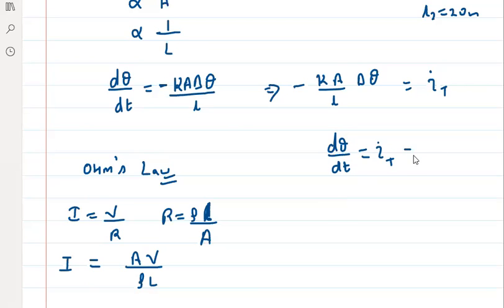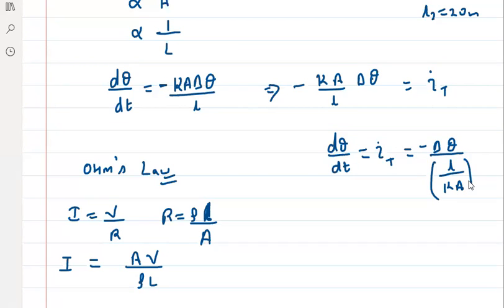I_T is equal to delta theta divided by L by KA, with a negative sign. Yes or no? Anyone have any issue in this?